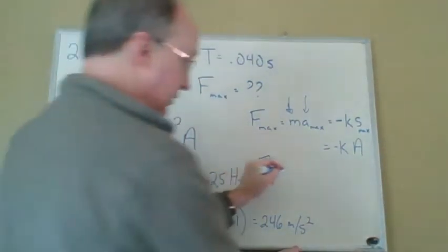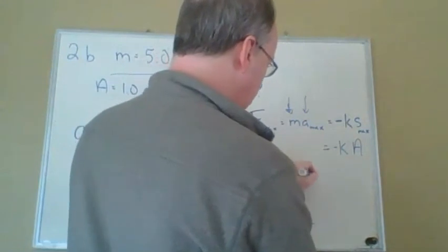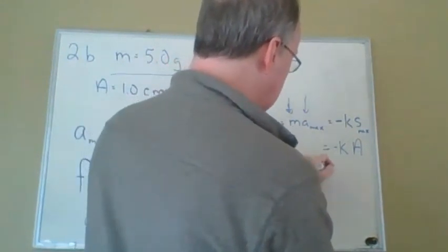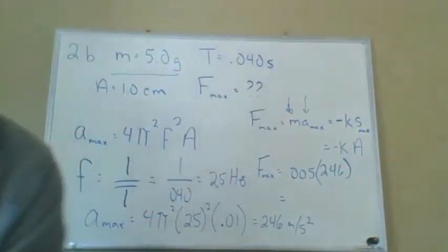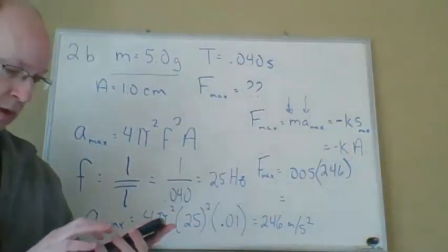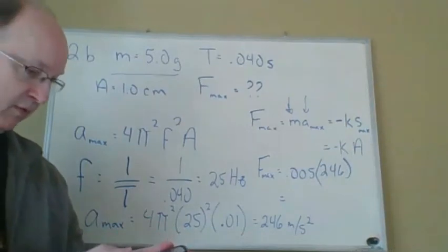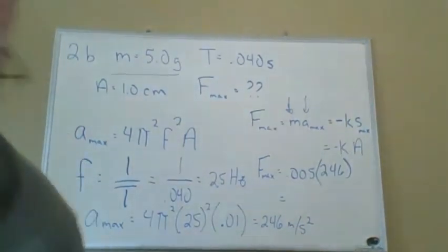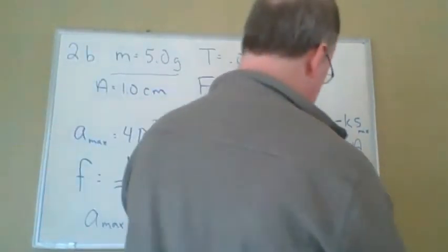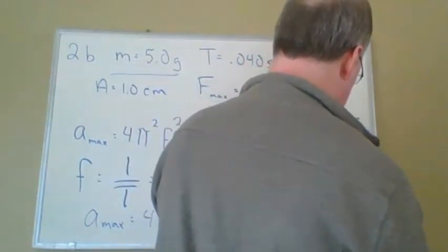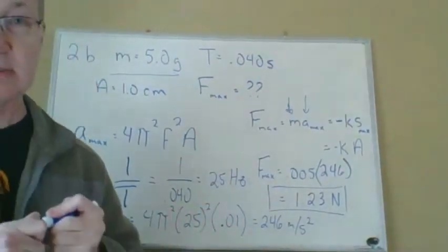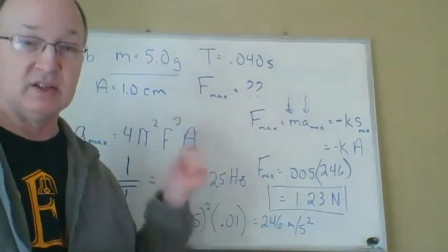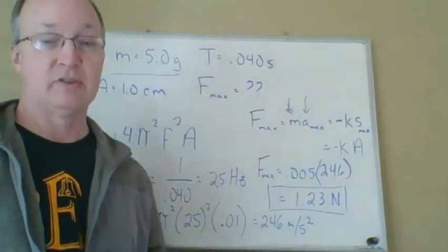So divide by 1,000, 0.005 times 246. And again, I got to get out the calculator. Times 0.005, and I get 1.23 newtons. And that is the maximum force for this particular mass spring system.